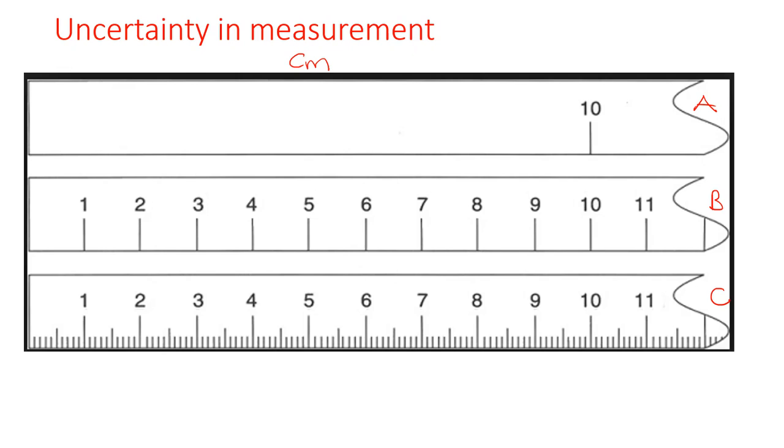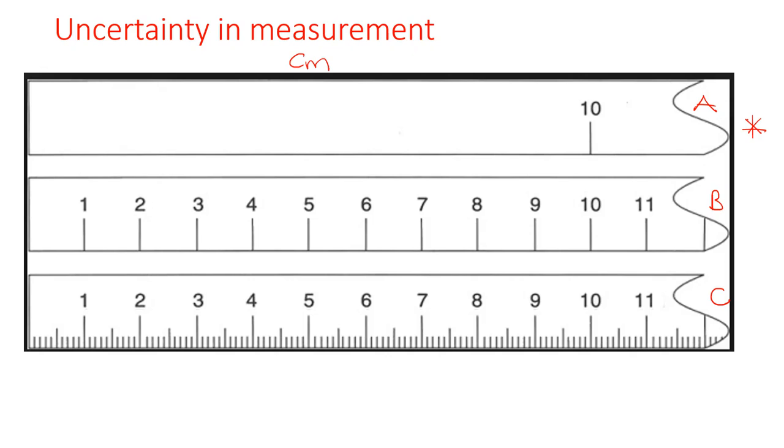And another question is, which ruler gives you more confidence when you do a measurement among the 3 rulers that we see here? In my case, I would go with the ruler that has smaller divisions, not the one that has the biggest division. I will not go with this one.